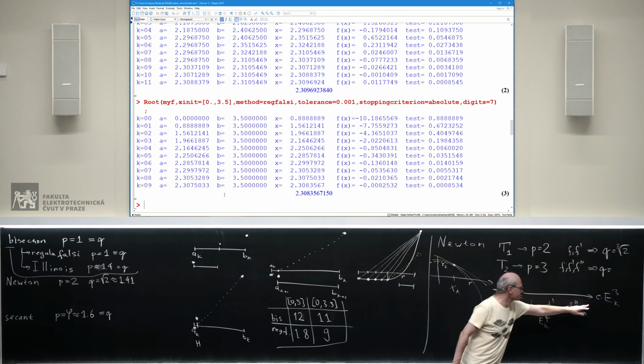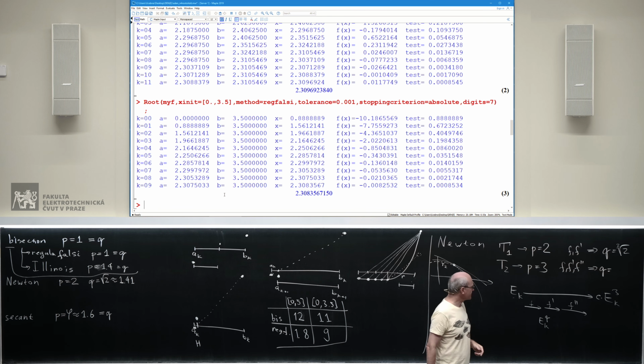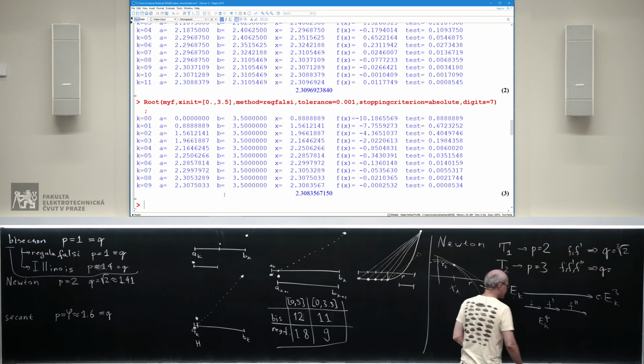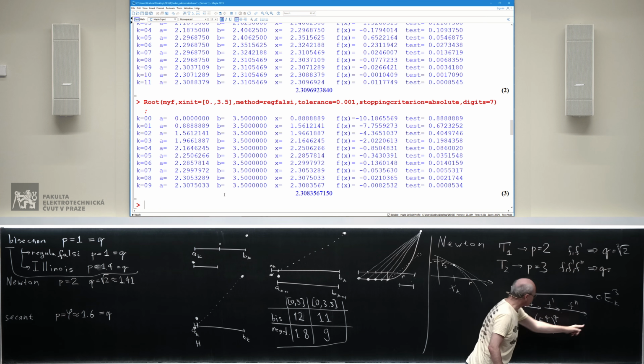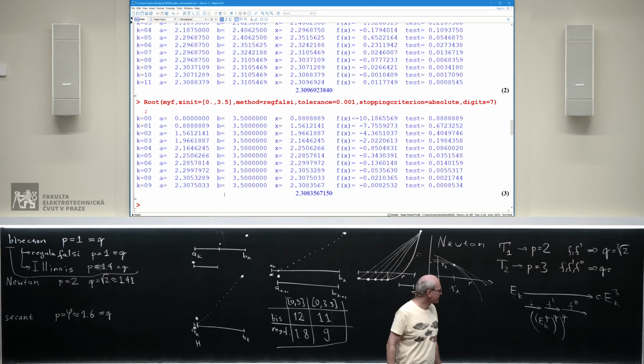Let's not worry about the constant. Then we use another function calculation. We are figuring out the derivative. So we get to the second stage. And again, this error, which is here, gets raised to power q, which brings us here. And then we do another function evaluation. So this is like another imaginary iteration happening.